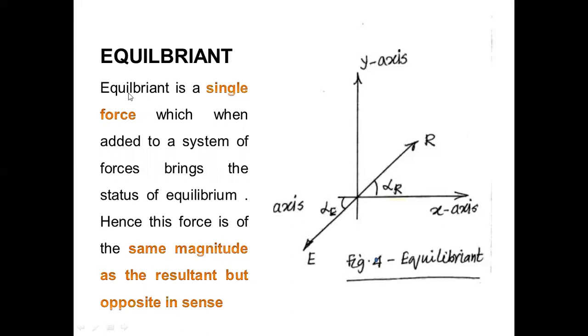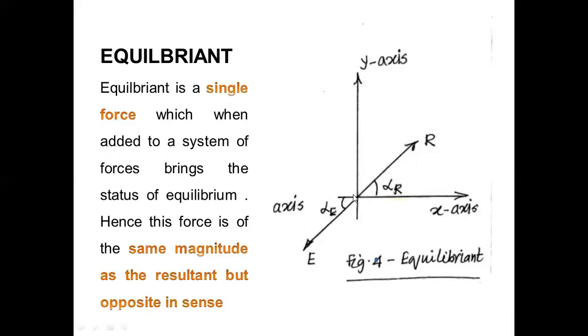If I define the equilibrant, it is a single force which, when added to a system of forces, brings the state of equilibrium. Hence, this force is of the same magnitude as the resultant, but it will always be acting in the opposite direction. The best example for this is a tug of war game. If two teams are participating and there is no movement at the center, it means that the forces applied by both the opposite teams have the same magnitude, but they are acting in opposite directions.